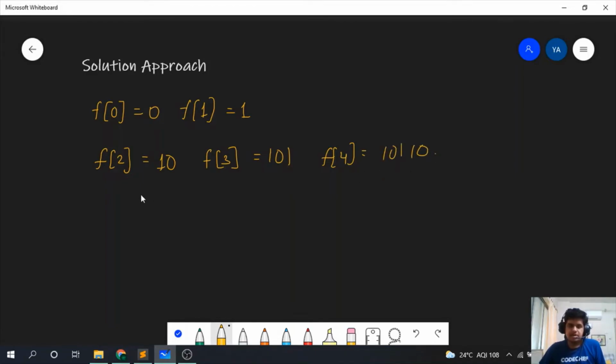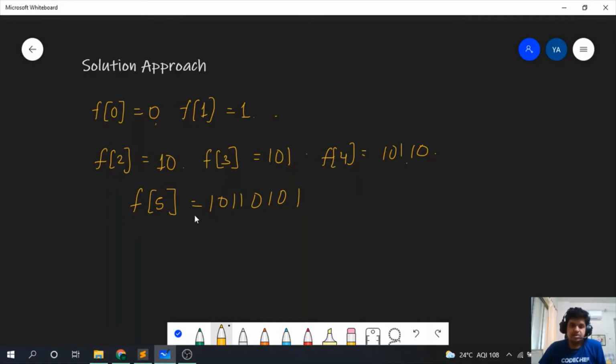And similarly f of 5 will be equal to 1 0 1 1 0 1 0 1. If you check the string sizes of these numbers, it is basically a Fibonacci sequence: 1 1 2 3 5 8. So this is a Fibonacci sequence, right?